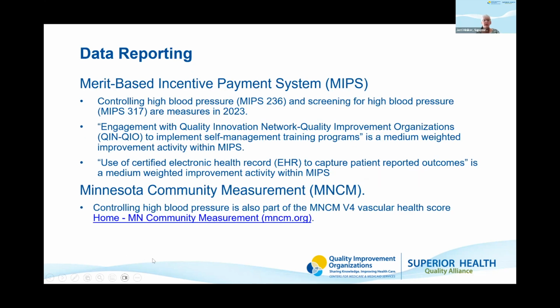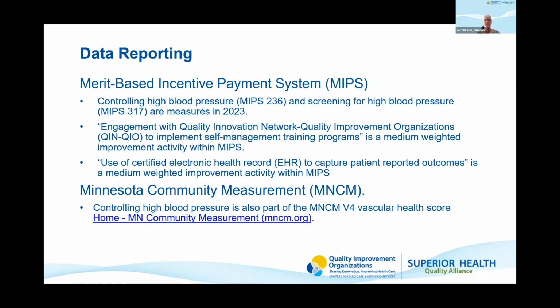And here we've got a few of the data reporting mechanisms or avenues at both the national and the state level. First is the Merit-based Incentive Payment System, or MIPS. And there's two different MIPS measures that you might already report to or want to report to.